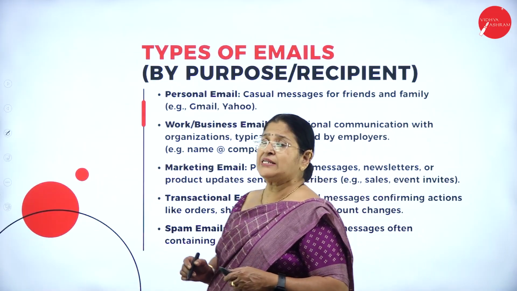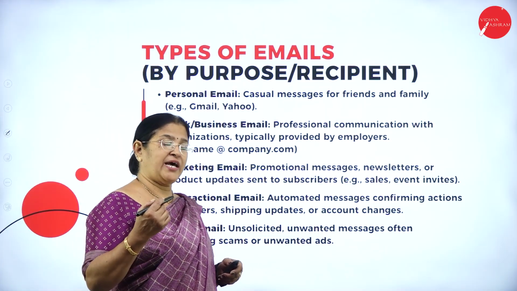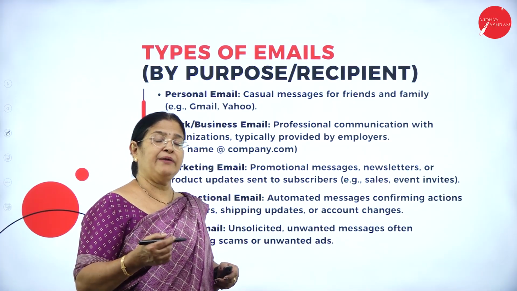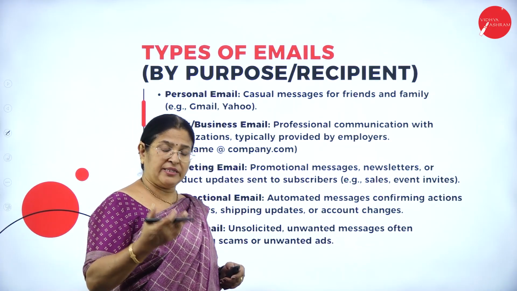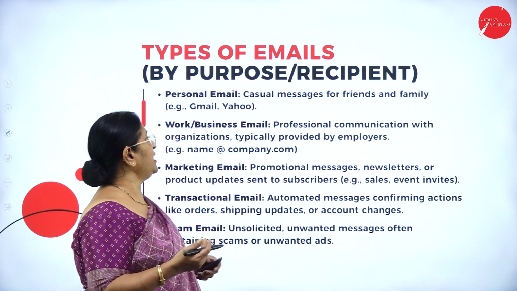Then let us understand the types of mails. As far as the 4th Sem BCom English syllabus is concerned, email is of two types which you have to study: the casual or personal email and the professional email.